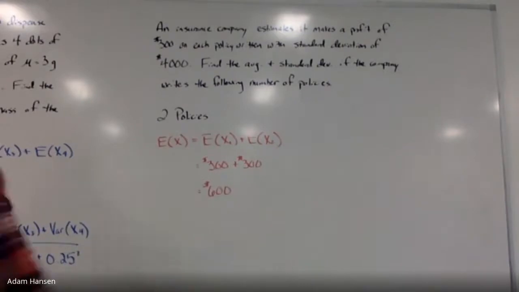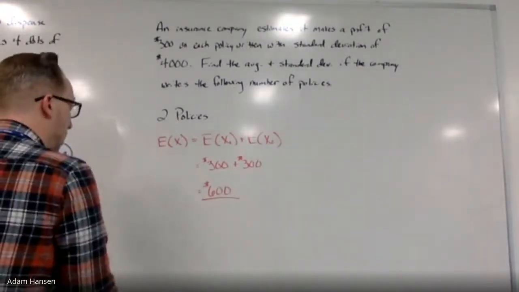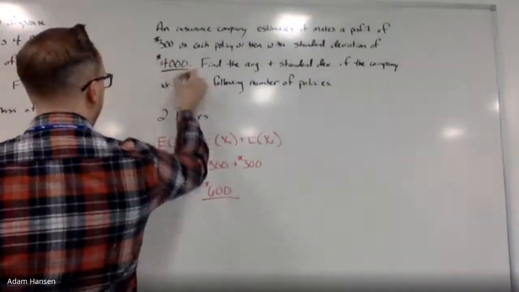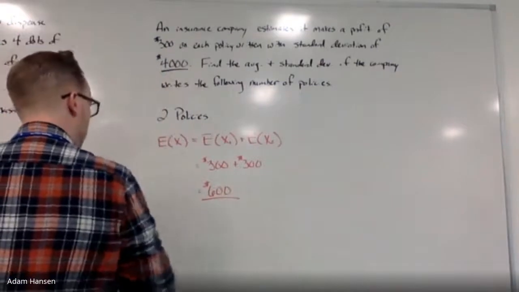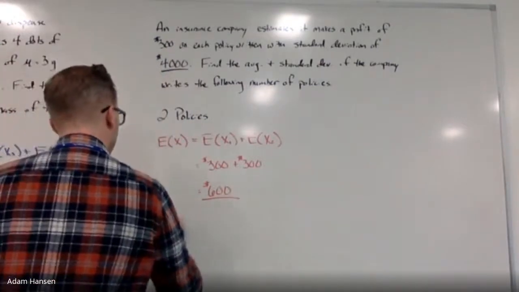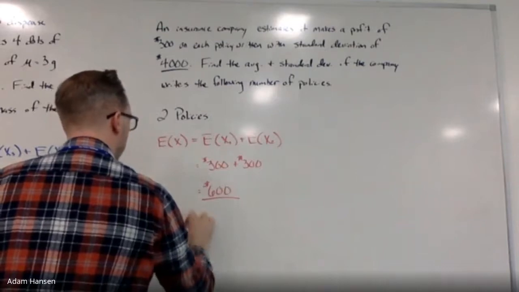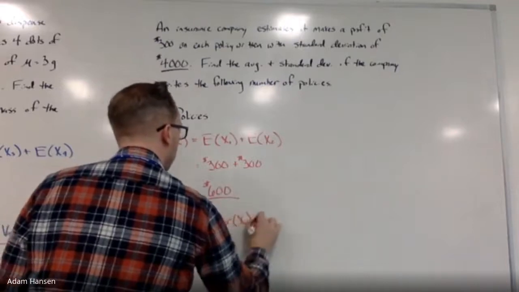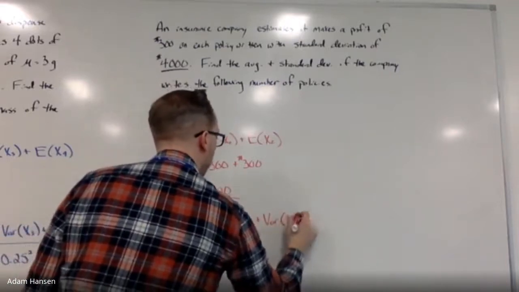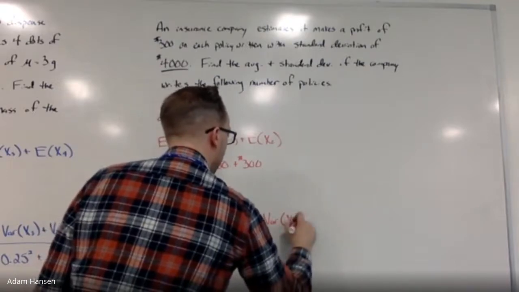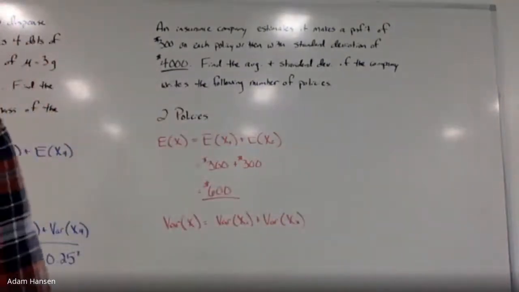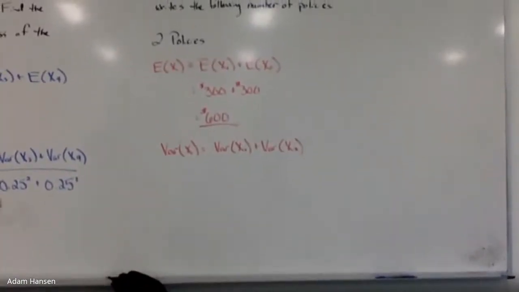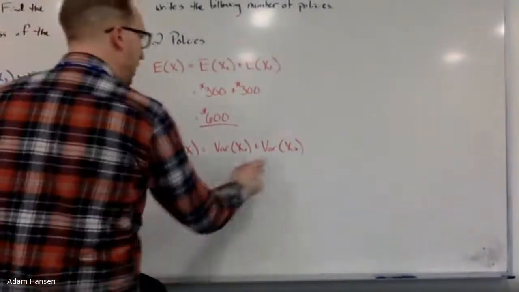Now, for the standard deviation, I have to combine the variances. The standard deviation is $4,000, so the variance is $4,000 squared. I treat each of these policies as two separate random variables and then add them together.